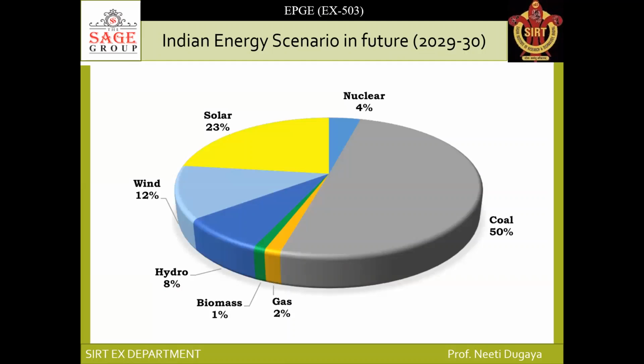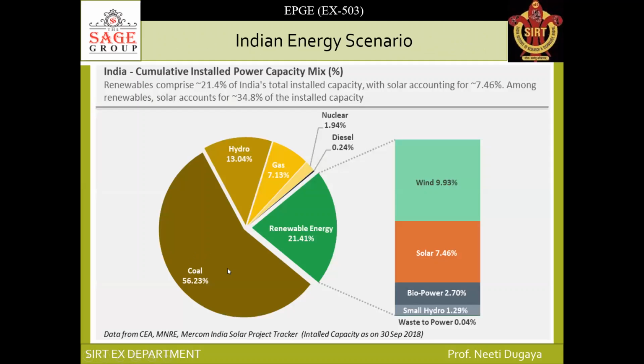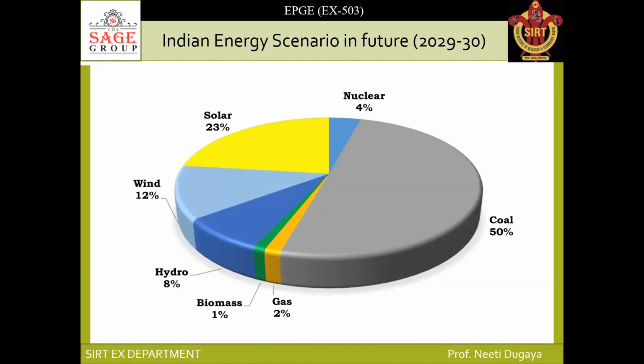This is the Indian energy scenario prediction for the future, that is 2029-2030. So we are going to reduce coal by 6%. As of 30th September 2018, we had coal at 56.23%, very close to 56.